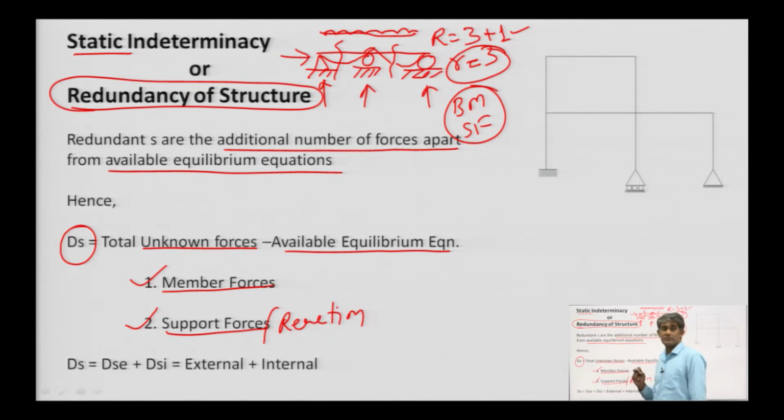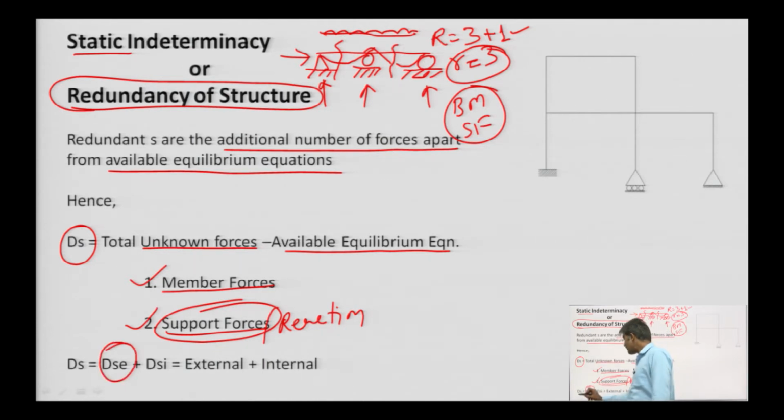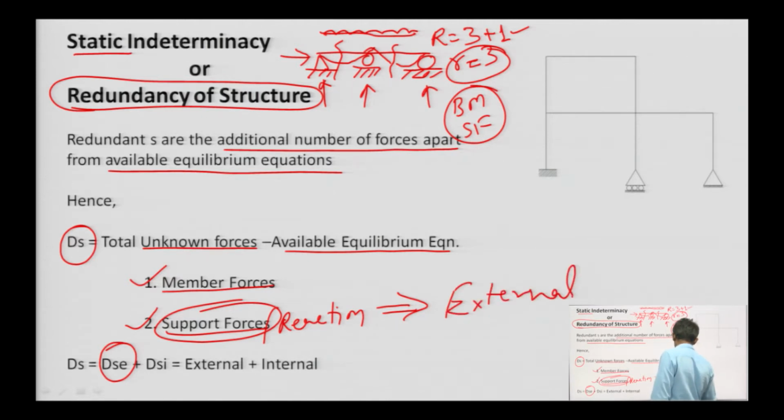Therefore, the total degree of static indeterminacy will be the sum of two parameters. The first is due to support forces, which we call external static indeterminacy, DSE, as I have written here.